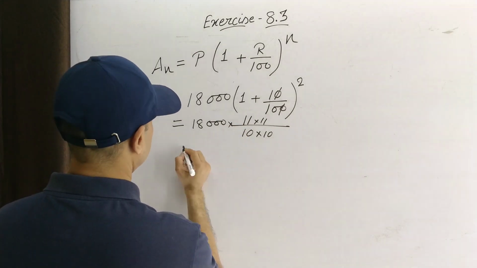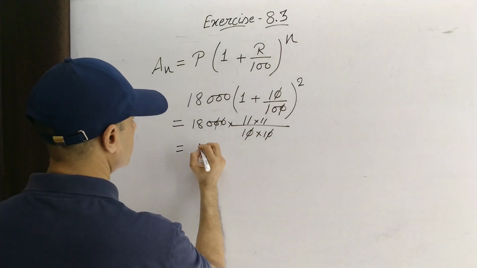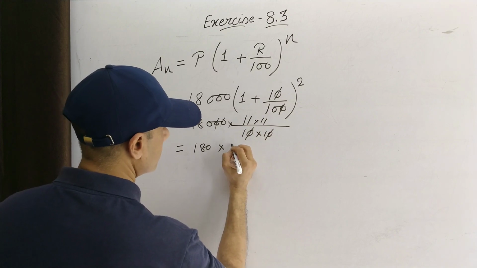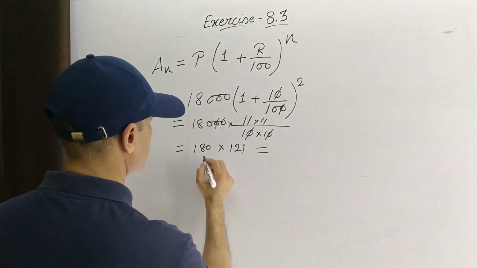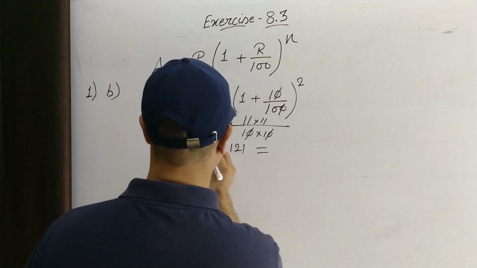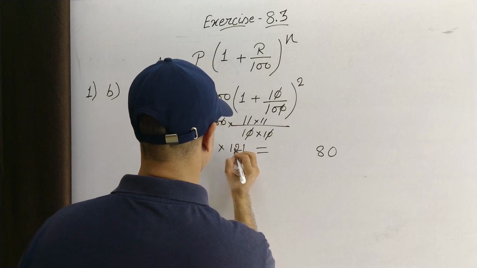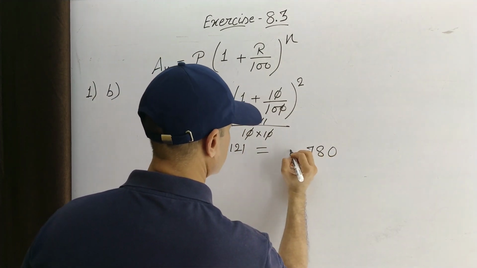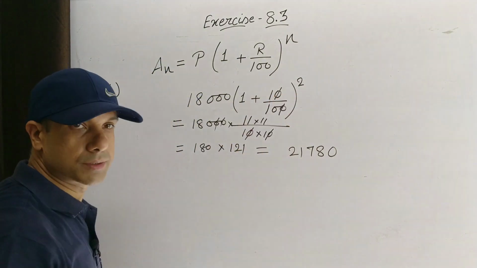So this will cancel. We have this value as 180 into 121, 11 squared. So we multiply with 180, we give 0 here. So this is the amount after 2 years.